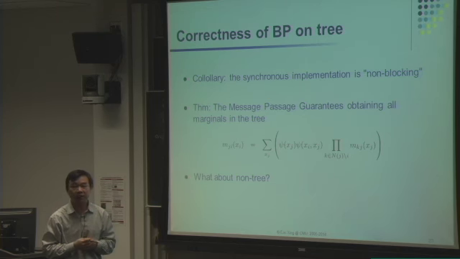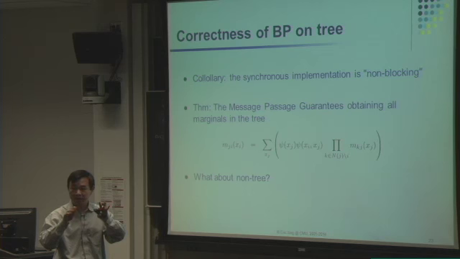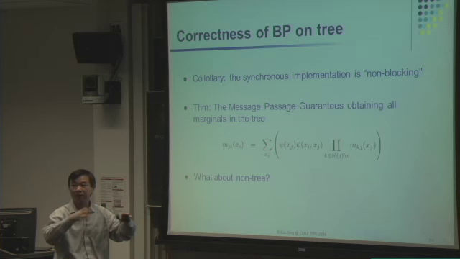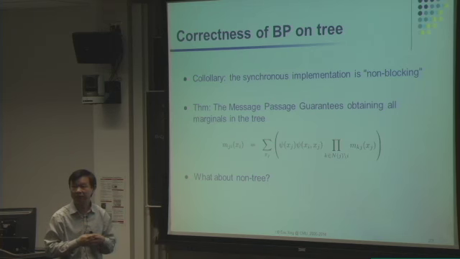In the real implementation, that's not a big deal, because in many cases you just keep sending until the results are converging, and then it doesn't matter; they will be self-correcting as well. That's the implementation aspect of that.